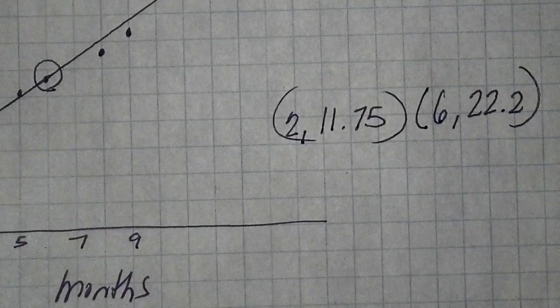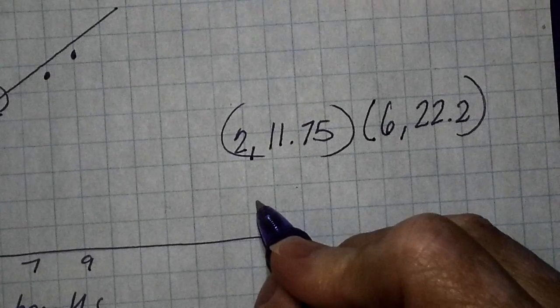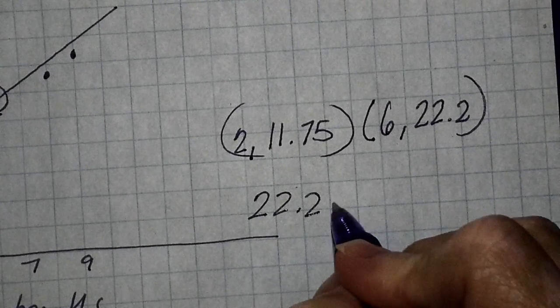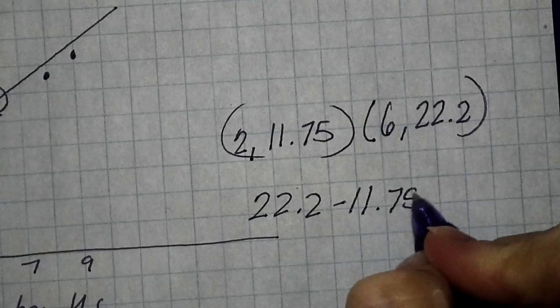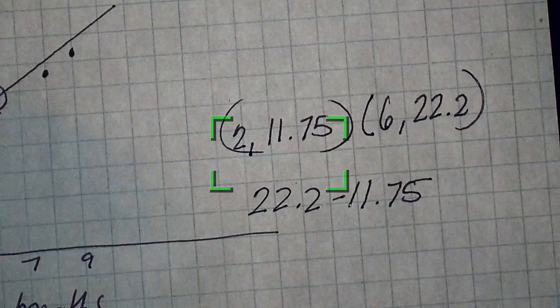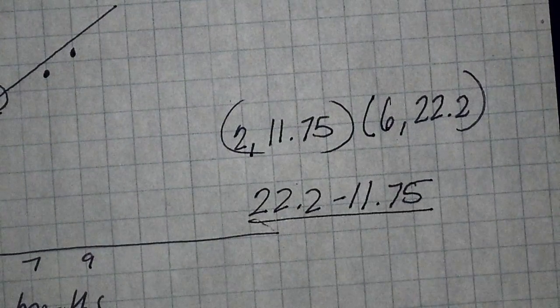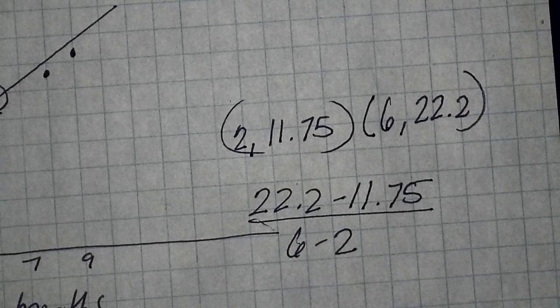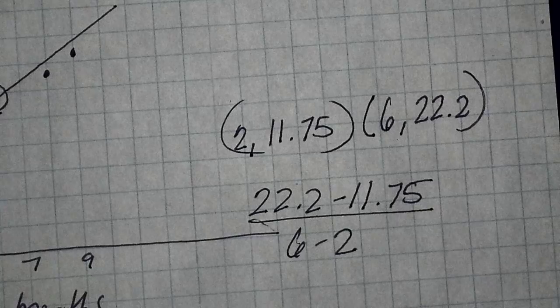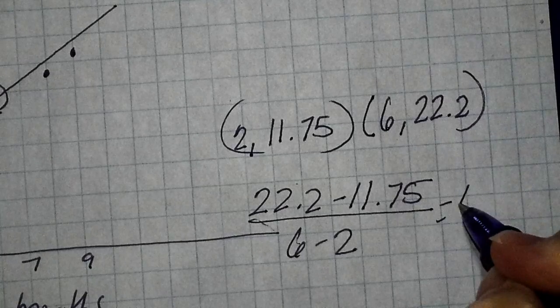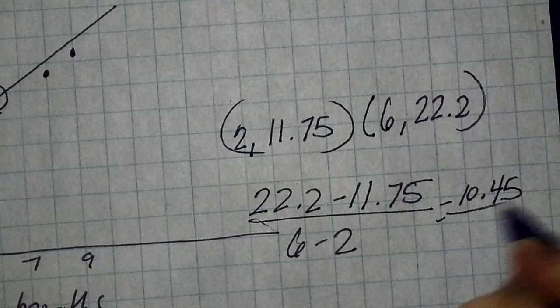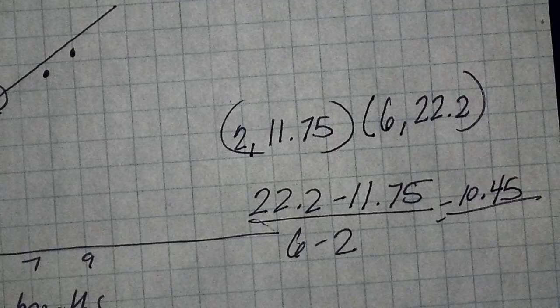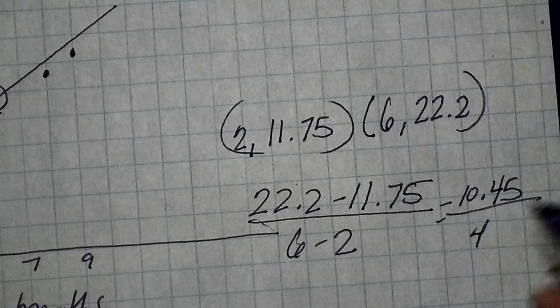We have to find the slope: 22.2 minus 11.75, and you guys are allowed to use calculators, and then 6 minus 2. So 22.2 minus 11.75 is 10.45, and of course 6 minus 2 is 4.